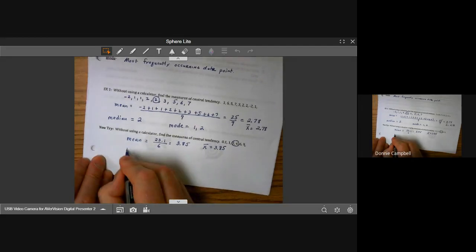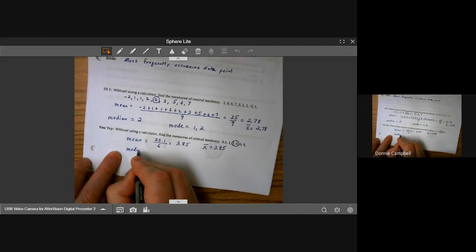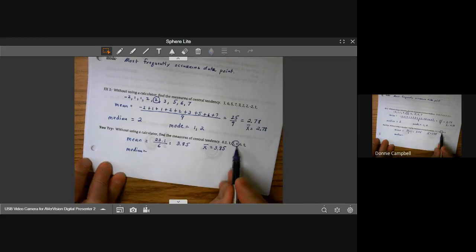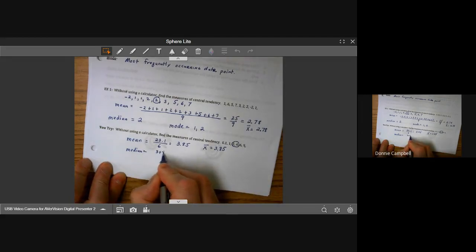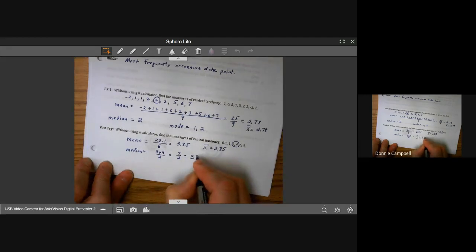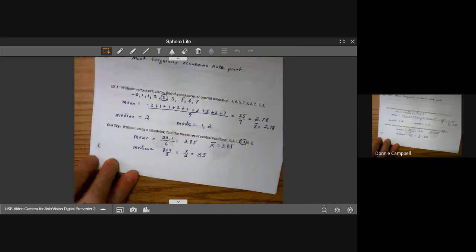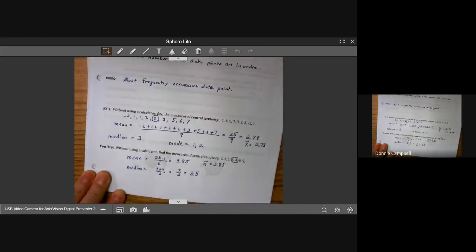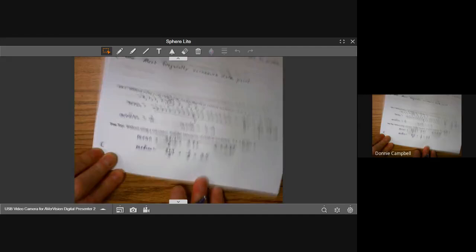Your median this time, because you have an even amount of numbers, I'm going to have to average those two middle numbers. So it'd be 3 plus 4 divided by 2, which of course would be 7 divided by 2, which would be 3.5. So your median is 3.5. Okay.